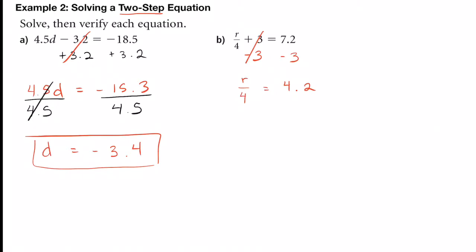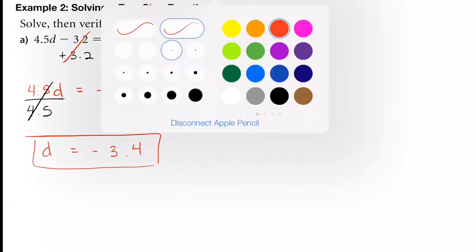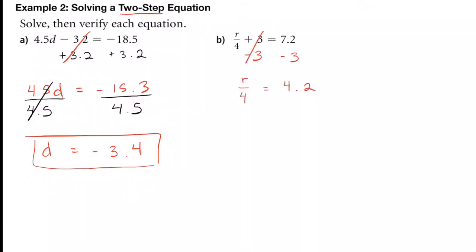All right, so what I'm left with now is r divided by 4 is equal to 4.2. Remember, the goal is I want to get my r by itself, but right now it's being divided by a 4. So the opposite of division is multiplication. So I need to multiply both sides by 4. And try to use the brackets instead of the times sign.